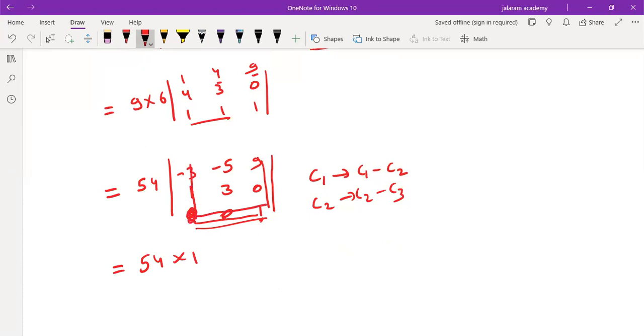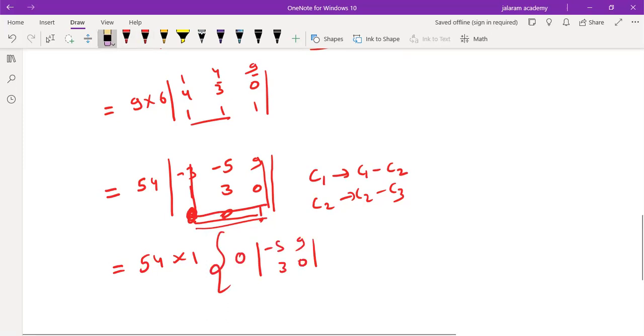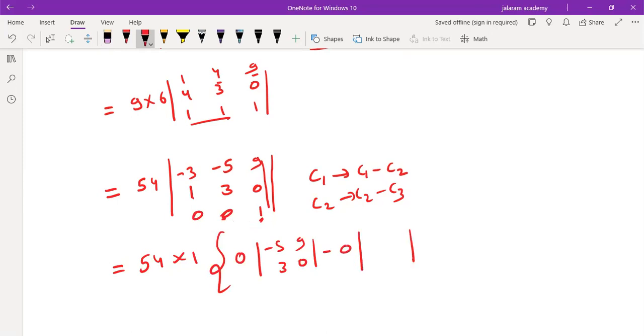So we have to perform 0 into the next determinant, minus 5 9 3 0. Minus 0 into, again something will give 0, like minus 3 1 9 0.